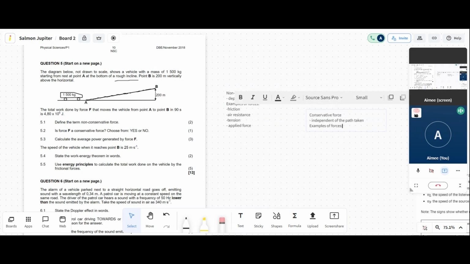Examples of conservative forces include gravity, elastic spring force, electrostatic force, and magnetic force.